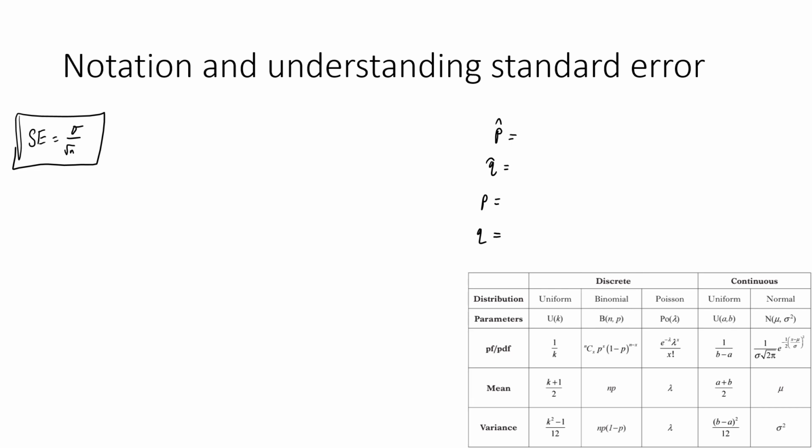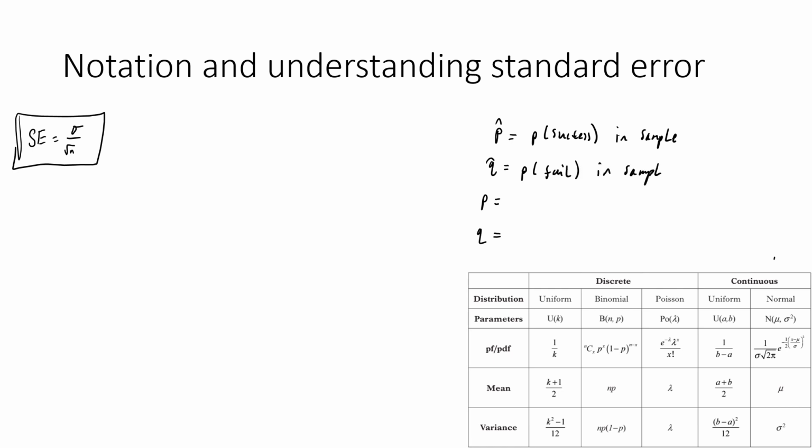The notation, there's only two things to note here, is that we have p hat and q hat. What these mean is that p hat is the probability for success in the sample, or derived from the sample that we had, and q hat is the probability for failure, which we've also gotten from the sample.